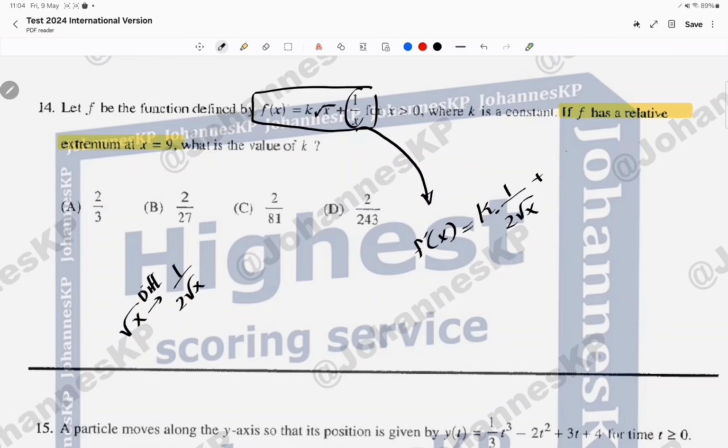Like I told you before, I don't like to differentiate when x is in the bottom. So does that mean you bring the minus 1 down and you add a minus 1? So minus 2. And now we can equalize our prime to 0. K over 2 root x minus 1 over x squared. Good.